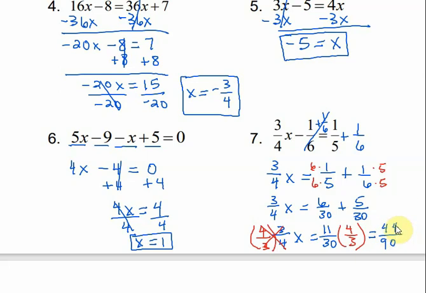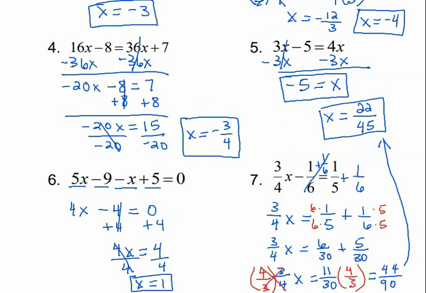All right, and then I can see that both of those I could divide by 2. So that would give me, let me write it up here, 22 over 45. So x equals 22 over 45. And that would be my answer.